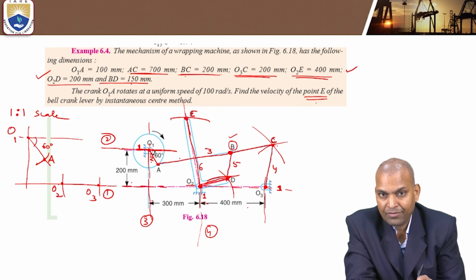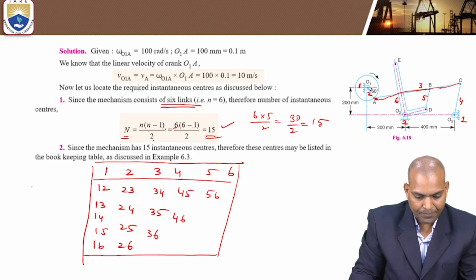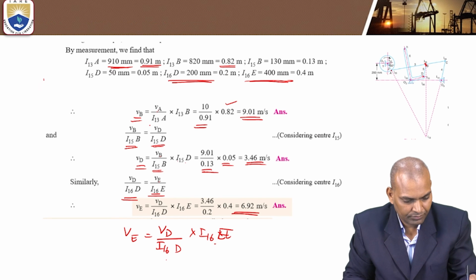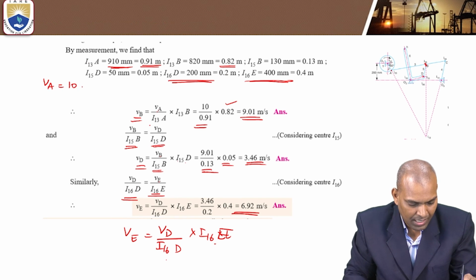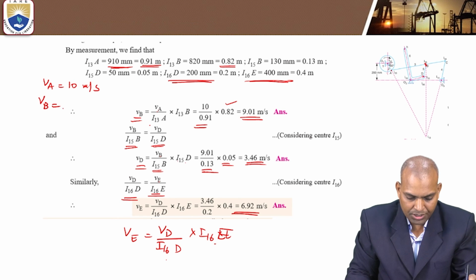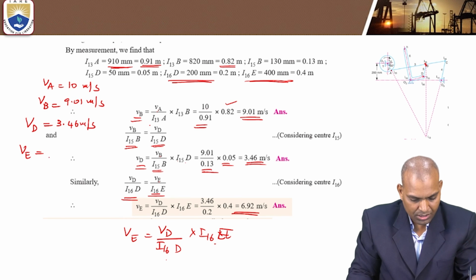Now, what we understood in this: the velocity of point A is 10 meters per second. The velocity of the point B is 9.01 meters per second. The velocity of the point D is 3.46 meters per second. And the velocity of the point E is 6.92 meters per second.